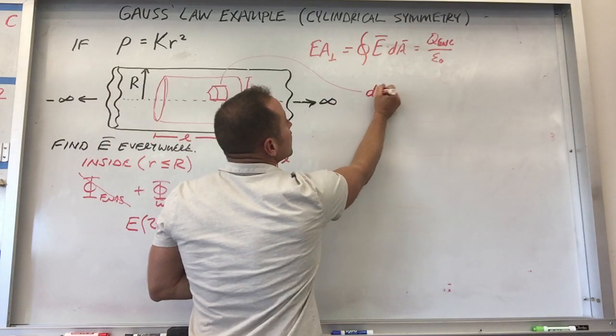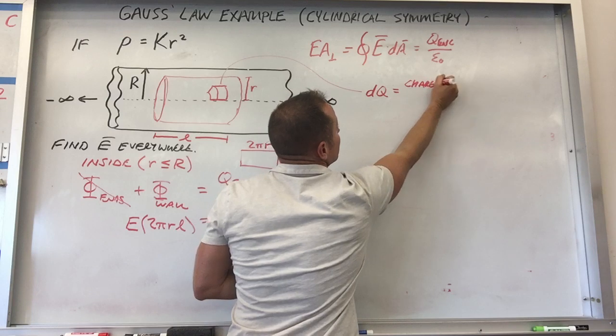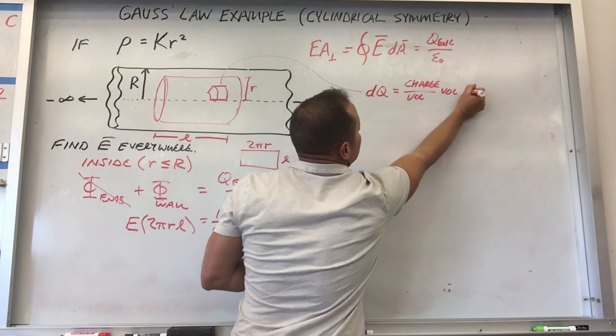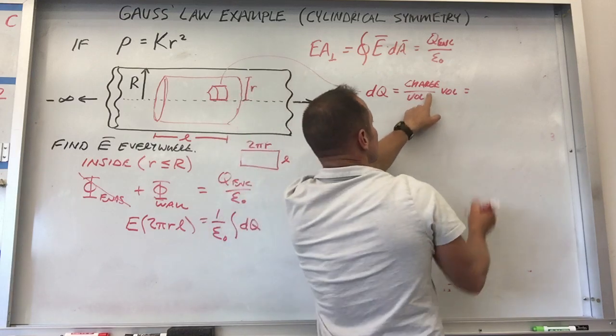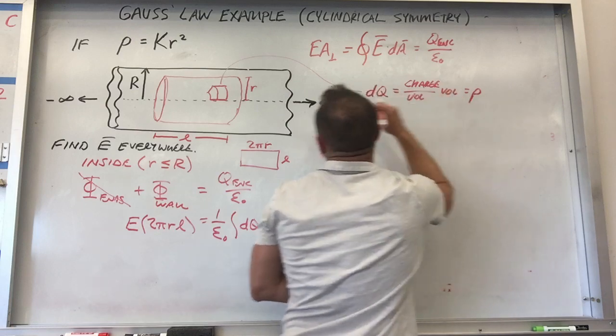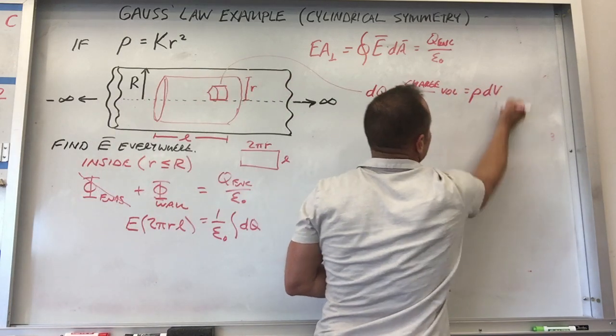A little bit of charge is going to be charge per volume times volume. Charge per volume is the charge density, and then the volume is this infinitesimally small thing that we're going to call dV. It's a little chunk of volume.